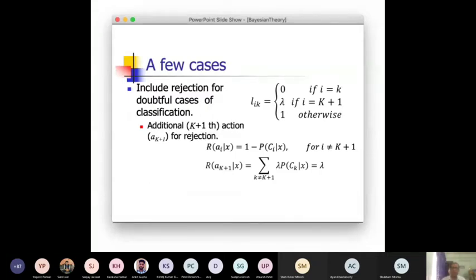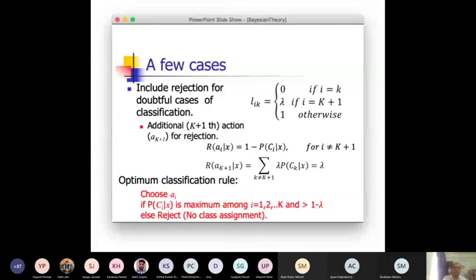Now you see that if I apply this minimization of risk rule, the optimum classification rule, you have this: if your posterior is maximum, and also if your posterior is greater than 1 minus lambda, then you should accept it. Otherwise, you should reject it. Is it okay? It is greater than 1 minus lambda, isn't it?